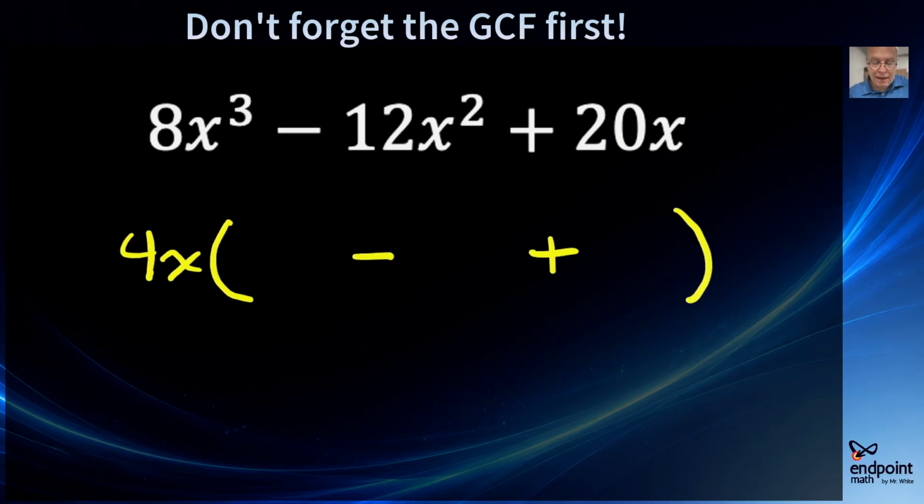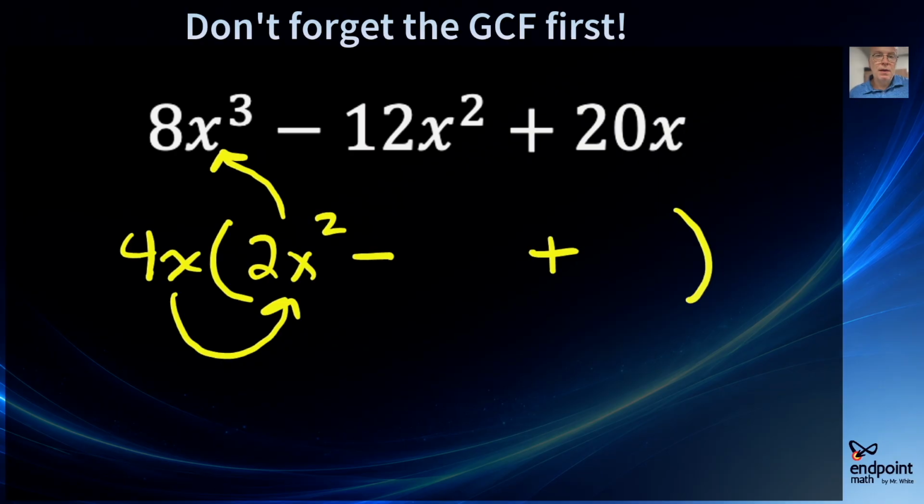So what do we get when we take 8x to the third and we divide it by 4x? What do we get? What's left behind? So wouldn't it be 2x squared? Now, if you do your distributive property and think about multiplying those 2 things, you'll get your 8x to the third right back. All right, moving on to the next term.